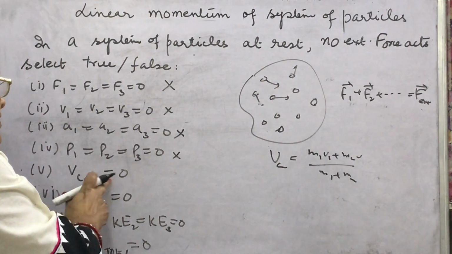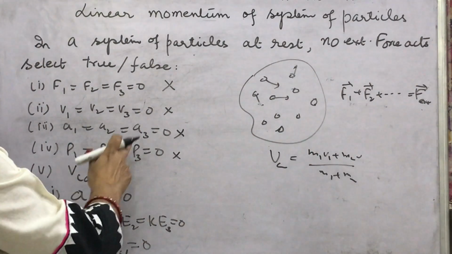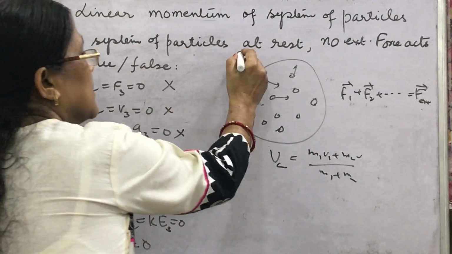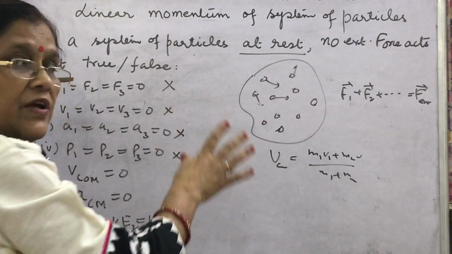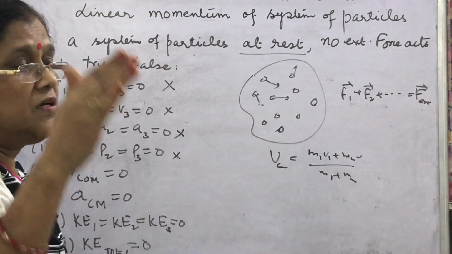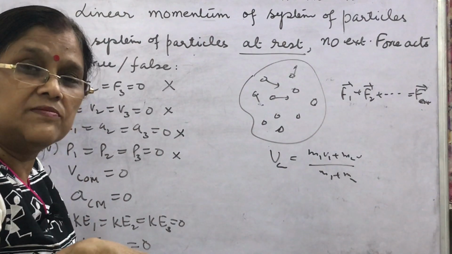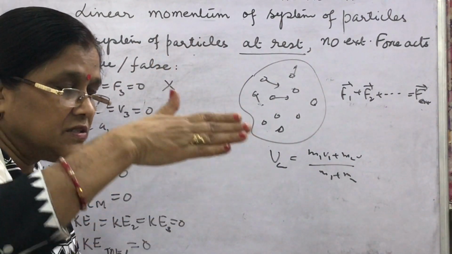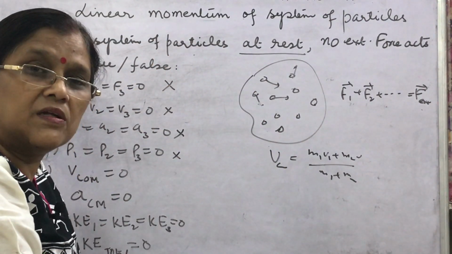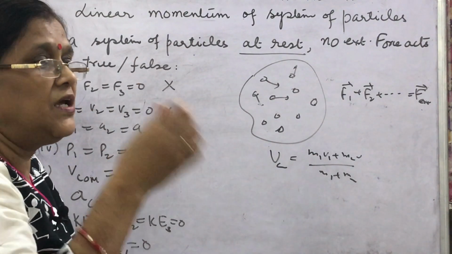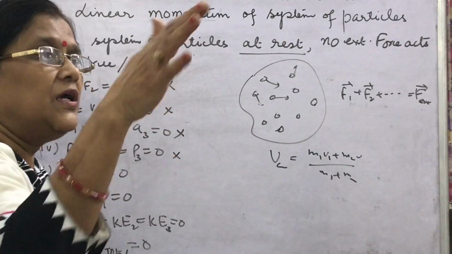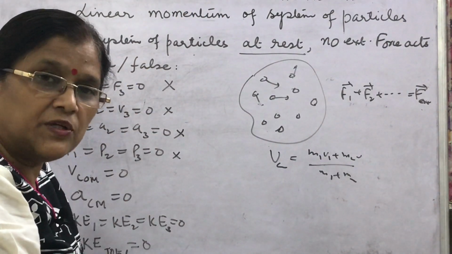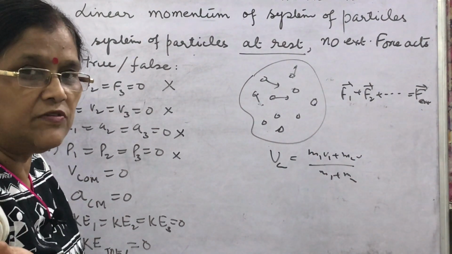This V center of mass is 0 if the system is, look, this is the important line, at rest. Just before this question we discussed that if the system is at rest, then initial momentum will be 0, so final momentum will be 0; initial velocity of center of mass will be 0, so final velocity of center of mass will be 0.